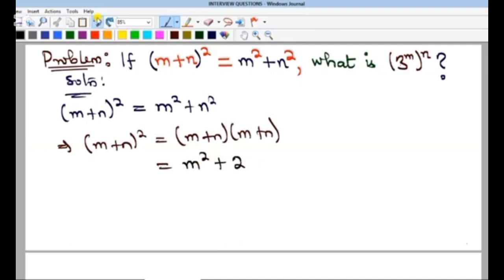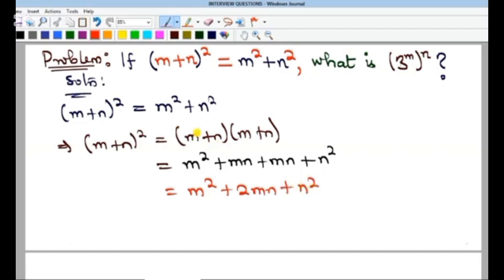Let me take it gradually. Your m will multiply m to give you m squared. M into n will give you mn. And then this n into this m will give you also mn. And then n into n will be n squared. So this is going to be the same as m squared plus 2mn and then plus n squared.